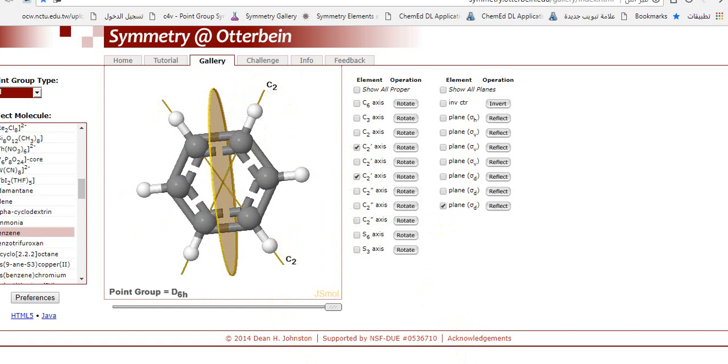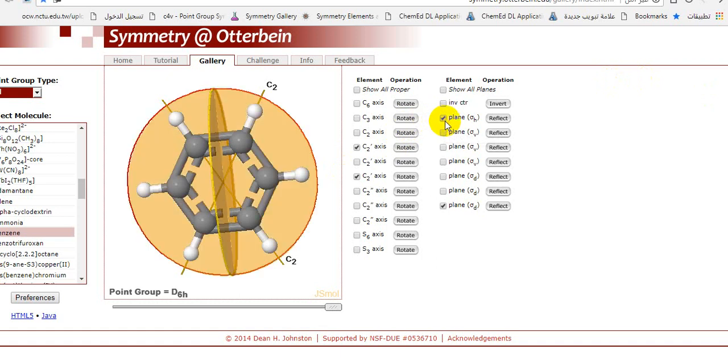Okay, what about sigma h? Sigma h is a horizontal mirror plane, on the plane. Look at me. Take all atoms and perpendicular on the principal axis. What is the principal axis in benzene?